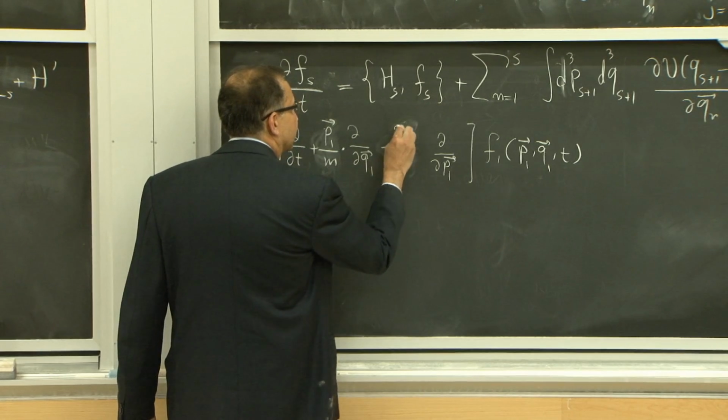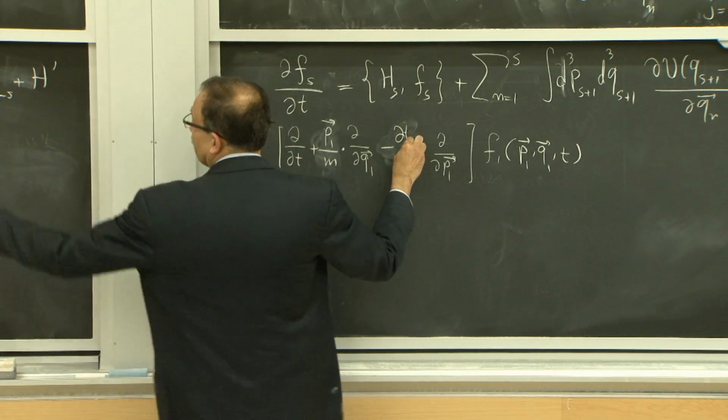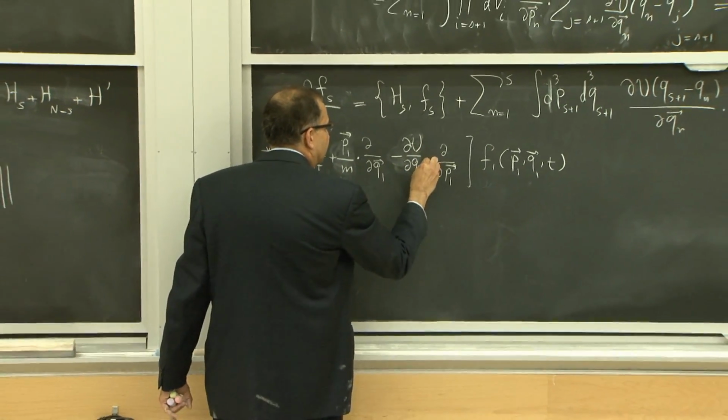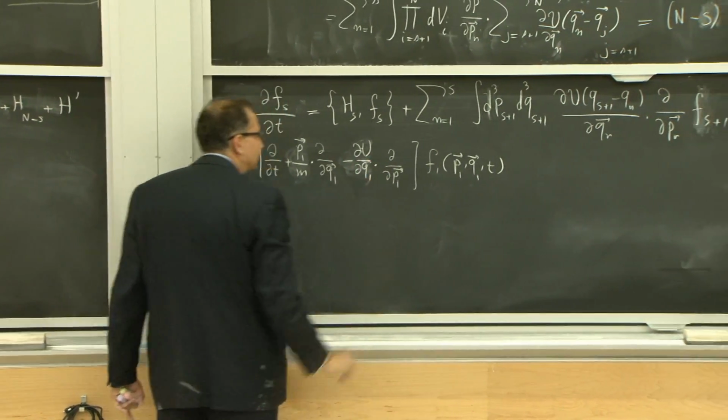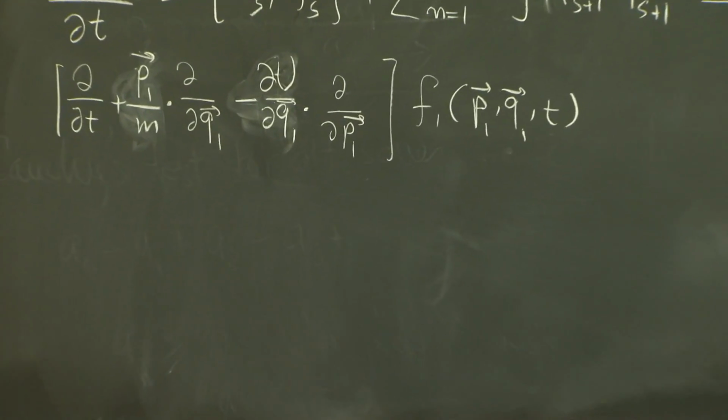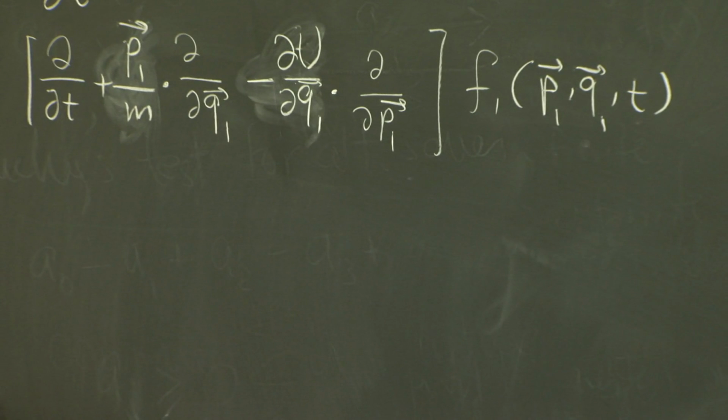So this is minus d of this one particle potential by dq1, dotted with d by dp1. So if you were tasked to think about one particle in a box, then you know its equation of motion.